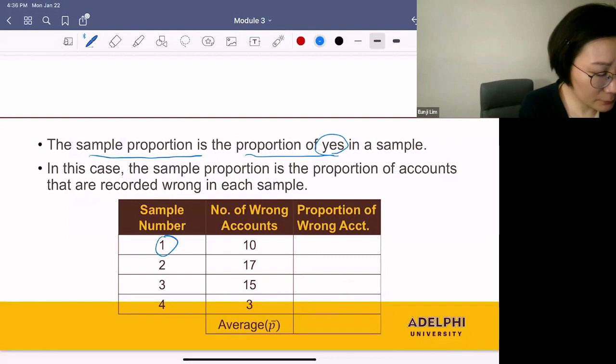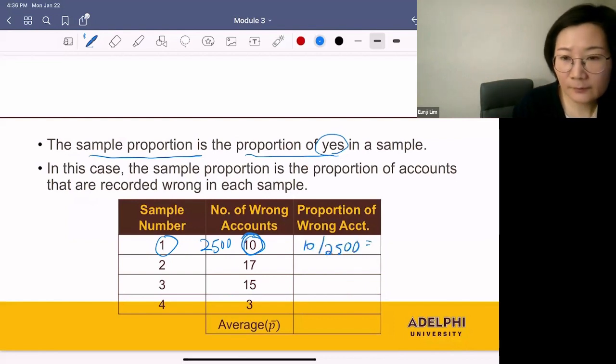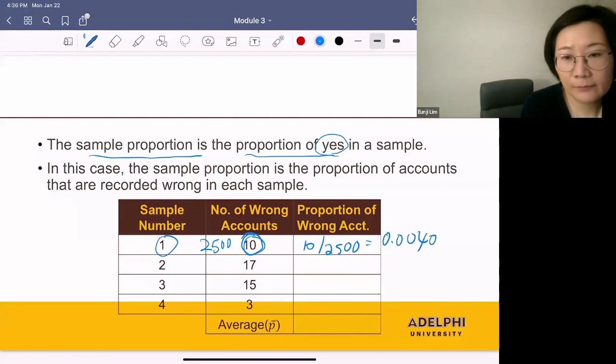So for sample number 1, of 2,500 accounts, we found 10 defective accounts. What's the proportion of defective accounts? 10 over 2,500, which is 0.004. And we repeat this for each sample.